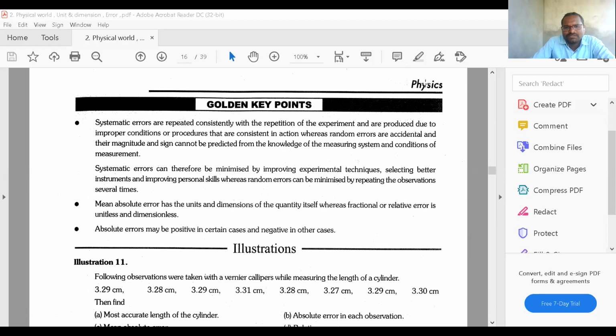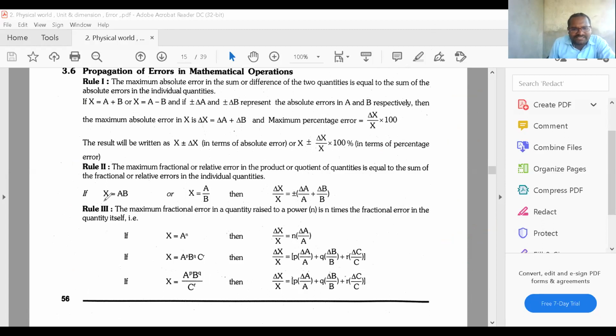See students, rule number 3 is very important. When x is equal to a power n, then delta x by x will be nothing but n multiplied with delta a by a.